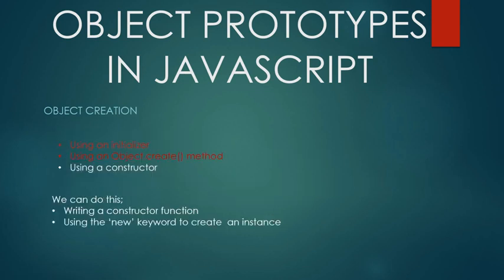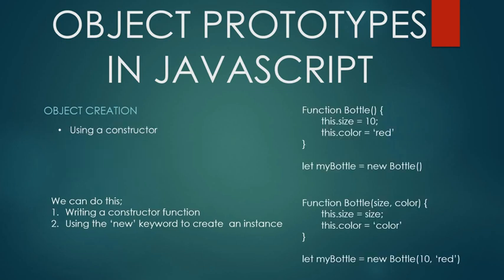All right, so next is using a constructor. If you want to use a constructor to create an object, two things are involved. The first is writing a constructor function, and the second is using a new keyword to create an instance of the object.